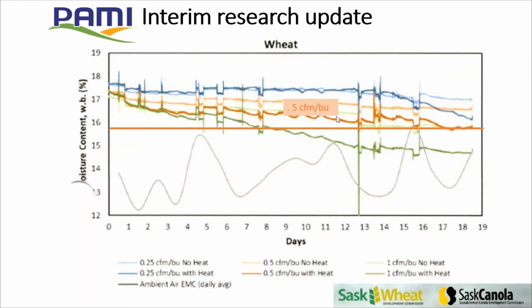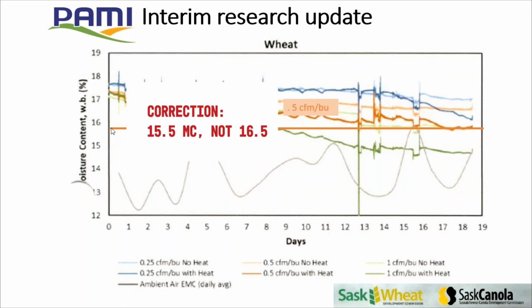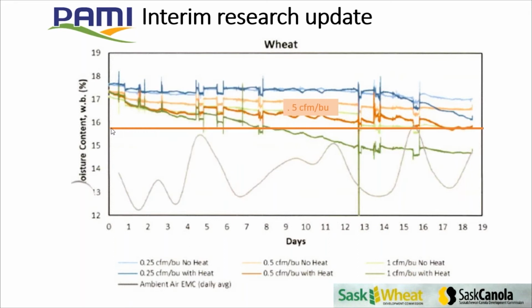Here's a second trial at half a CFM per bushel. This is the orange. Dark orange is with supplemental heat, and the light orange is ambient. And again, you can see that ultimately at the end of 19 days, we were down to about 16.5, and we started at about 17.5.